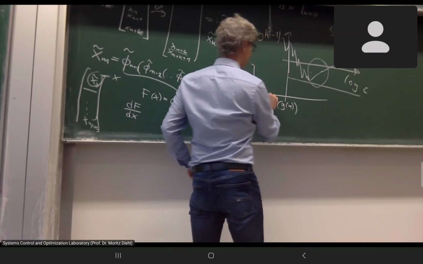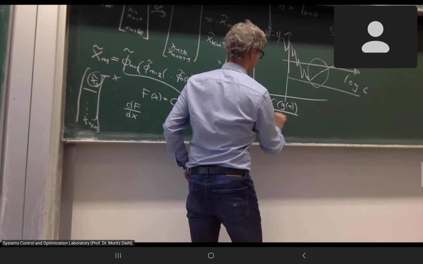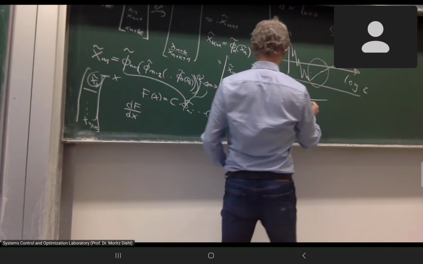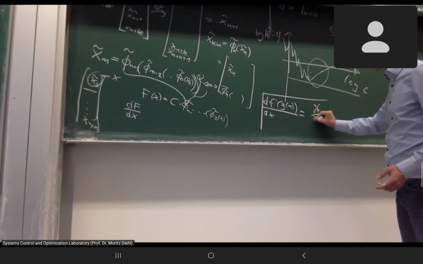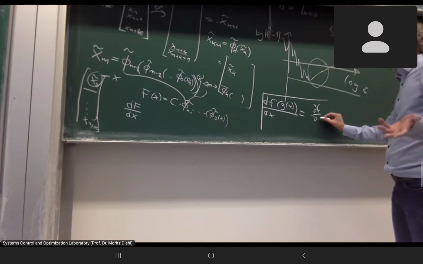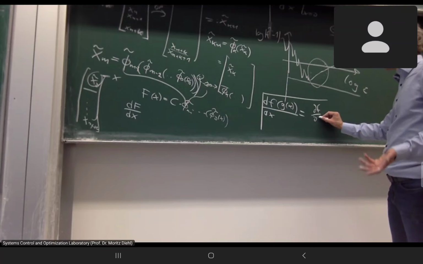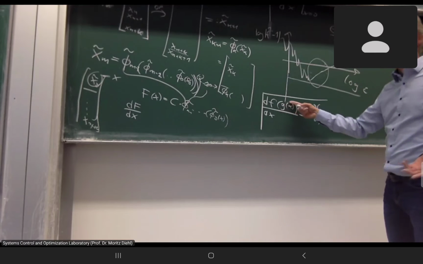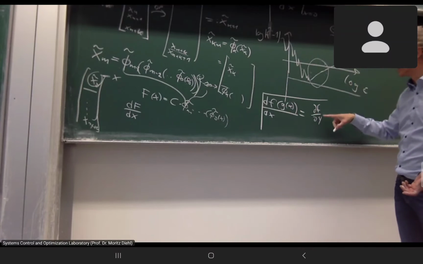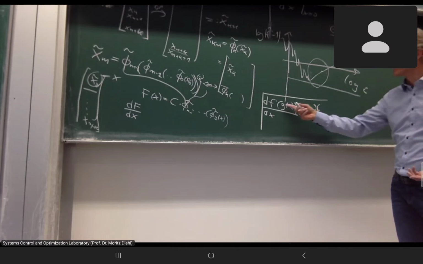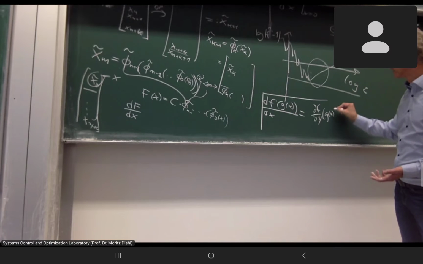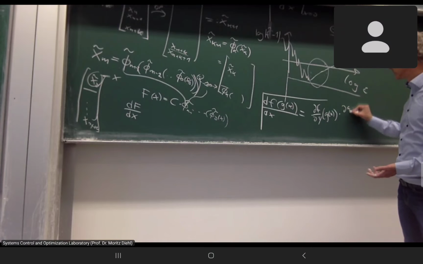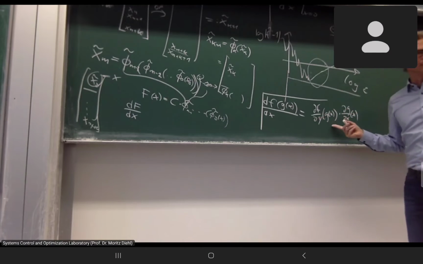If I differentiate that whole thing, it is the outer derivative, so I write the partial one, df by dy, where y is the input of f, evaluated at g of x, and then I multiply it with dg by dx. So that's the chain rule.